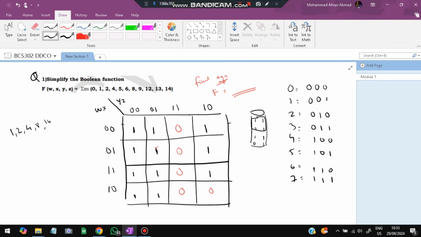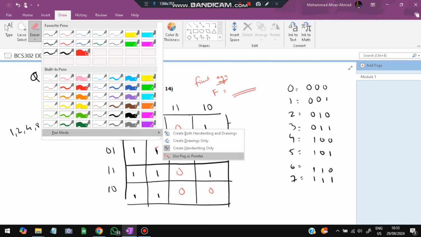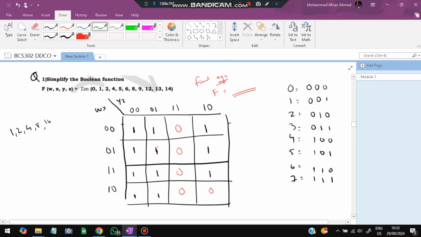So what are the possible combinations through the ends? Either you can form through the ends of the columns like this and like this, or you can form through the ends of rows like this and like this.